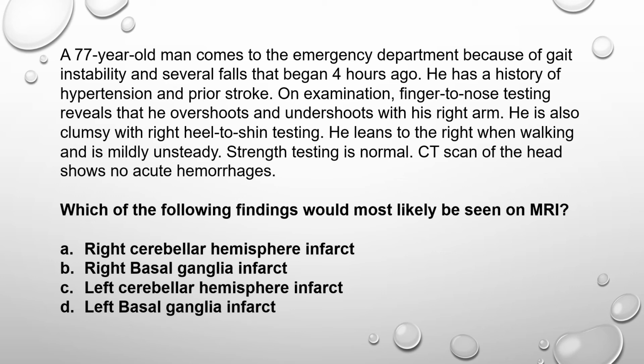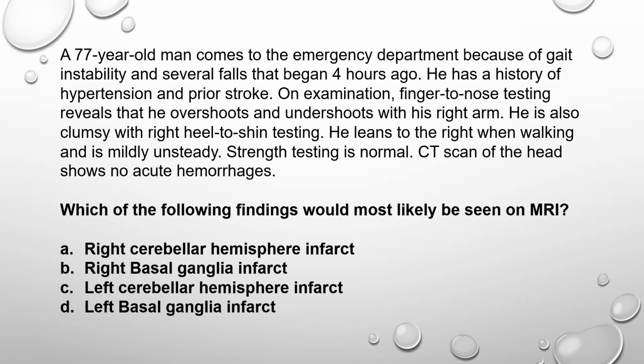He is also clumsy with right heel to shin testing. He leans to the right when walking and is mildly unsteady. Strength testing is normal. CT scan of the head shows no acute hemorrhages. Which of the following findings would most likely be seen on MRI? Pause the video and think of the answer.